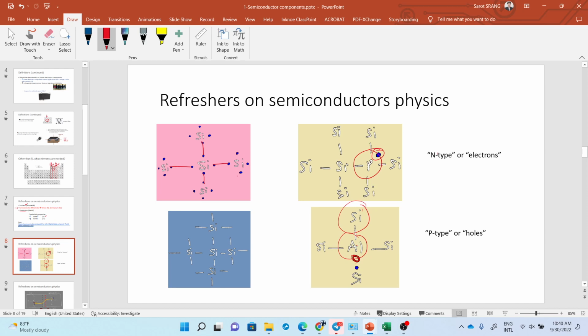So this one is called negative type, or n-type, or electron type of semiconductor, and this one is called positive type, or sometimes just called holes, because hole here means not enough electron, so it attracts electron.